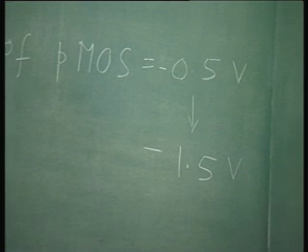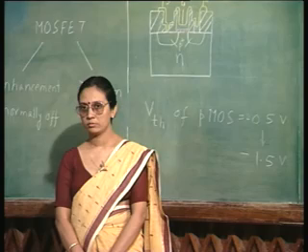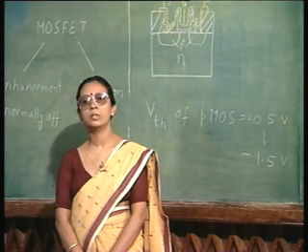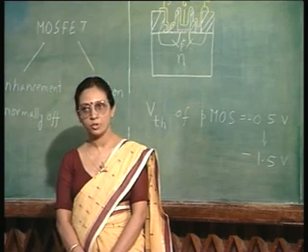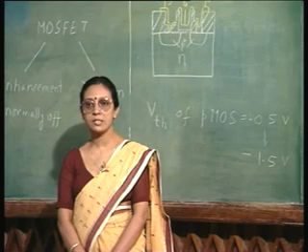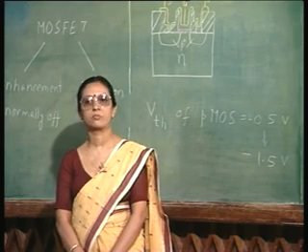But now, I have the value of the threshold voltage as minus 1.5 volt. Your circuit will probably still perform, because you still have an enhancement mode device. The only difference is your threshold voltage had got shifted.